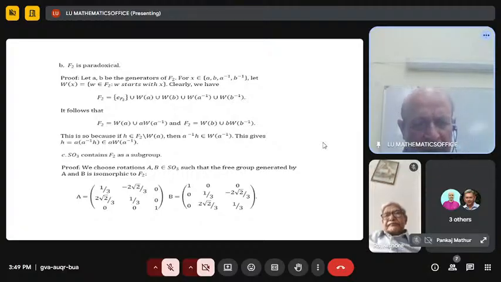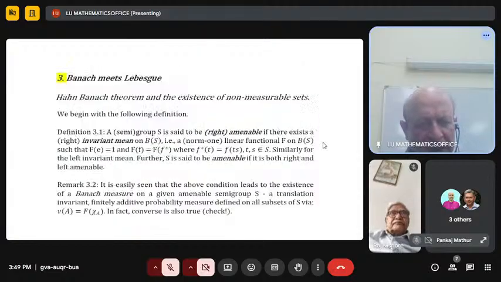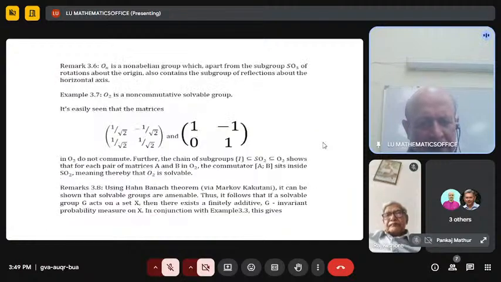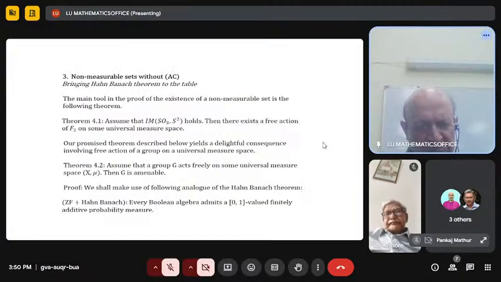And then this special orthogonal group contains F2, the free group on 2 generators, as a subgroup, and by virtue of another theorem making use of the axiom of choice, SO3 itself would be paradoxical, and that's what corollary 2-3 is all about. And finally, we use the Hahn-Banach theorem at some stage to get non-measurable sets. This is the nitty-gritty of the proof. Unfortunately, I have to give it a miss. Can't do better than this.